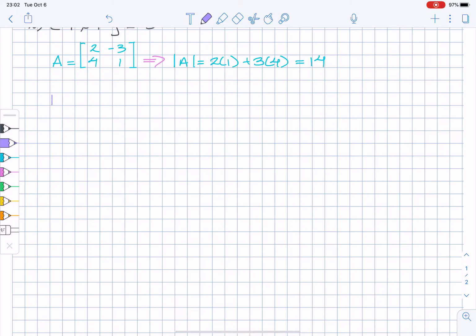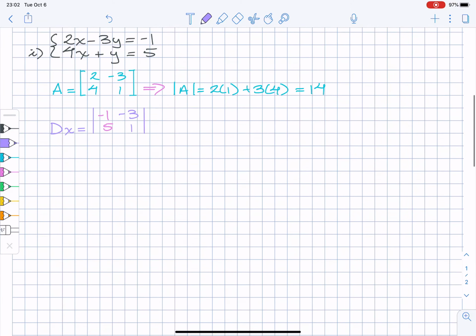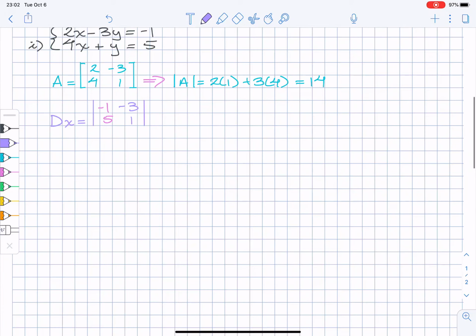Okay, well, I claim that capital D sub x is going to be the determinant of the matrix that swaps out the x column for the answers, negative 1 and 5, but keeps the y column the same, negative 3 and 1. So it's just A, but the x column has been swapped out for the constants. Okay, so what is this? This will be negative 1 times 1 minus a negative, so plus 3 times 5. So capital D sub x is going to be 14.